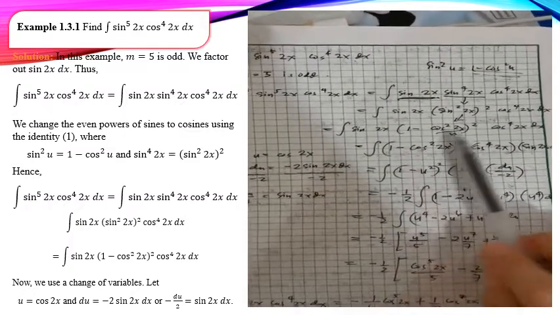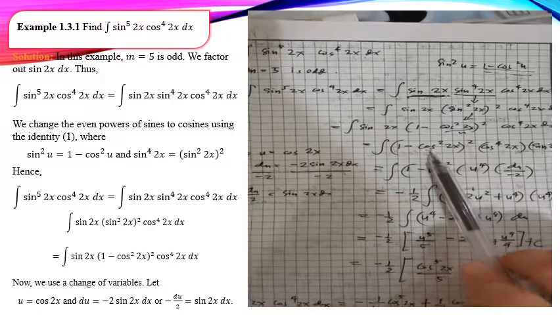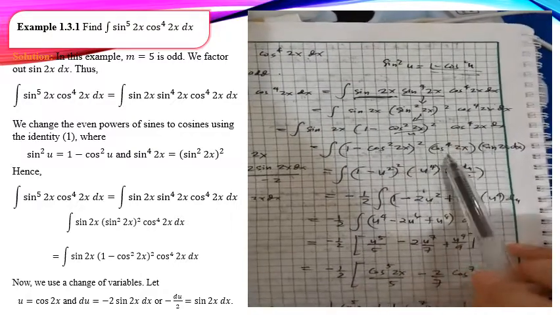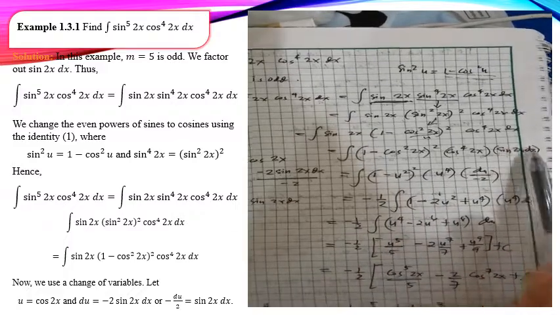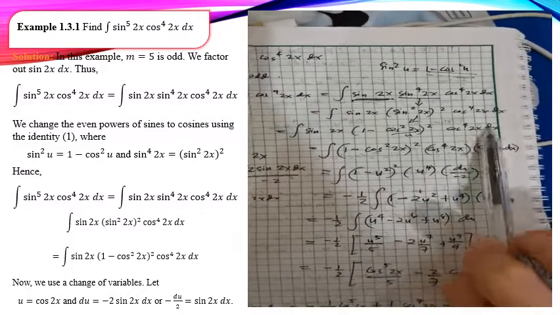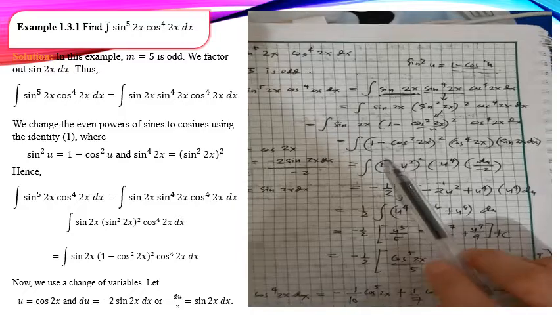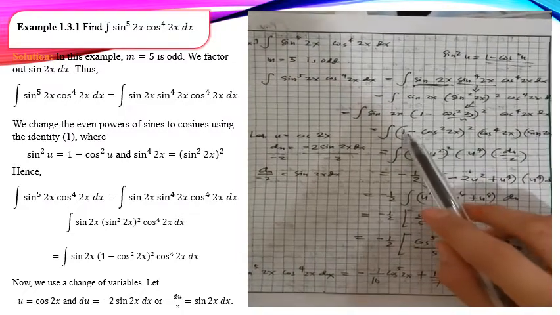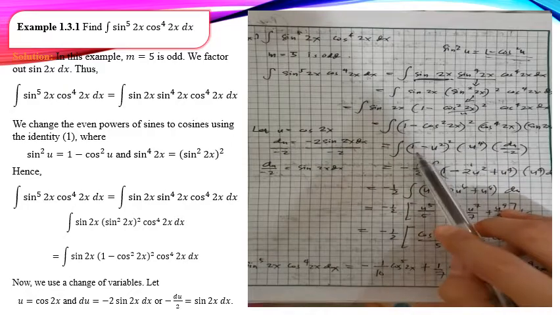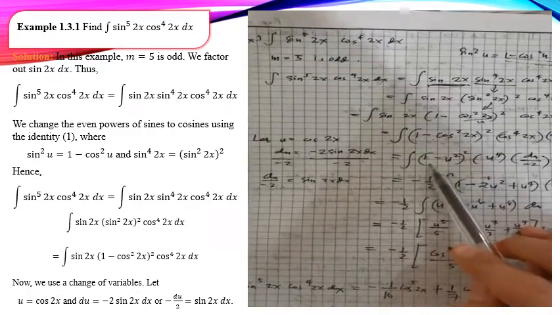So, eto, i-rearrange lang natin. Unahin ko lang tong isulat dito. Next ko si cosine, and then i-last natin si sine 2x at saka si dx. So, eto siya, ini-rearrange. So, after that, na-rearrange na natin, pwede na tayong magpalit ng variable u. So, si 1, di ba, 1 pa rin yan. Hindi natin yan binago.